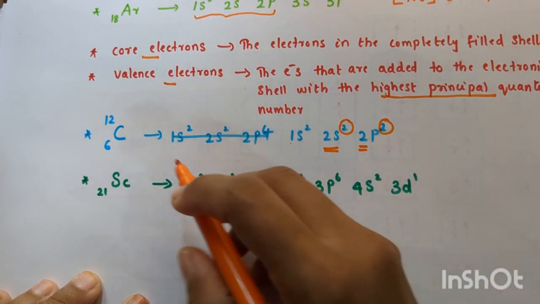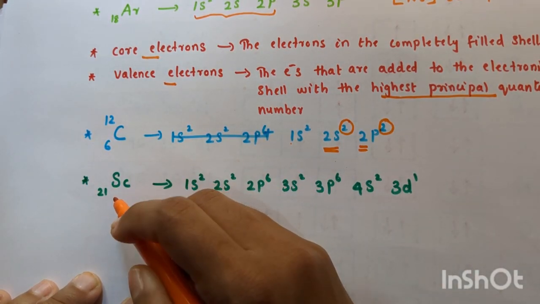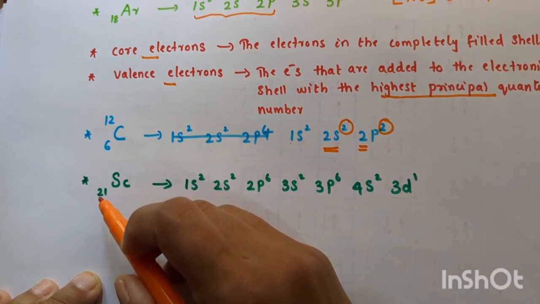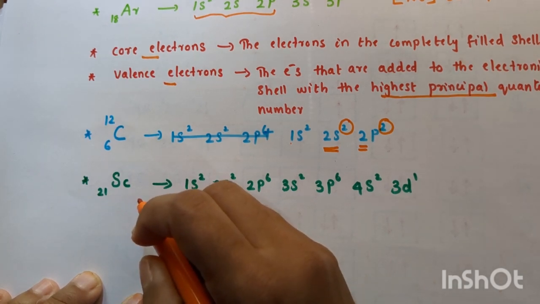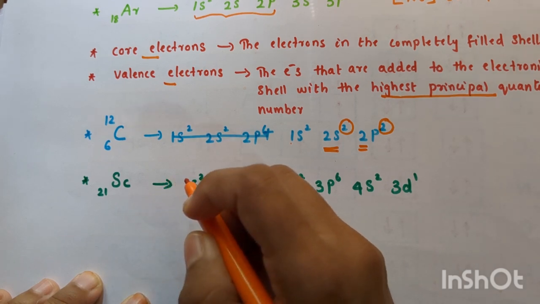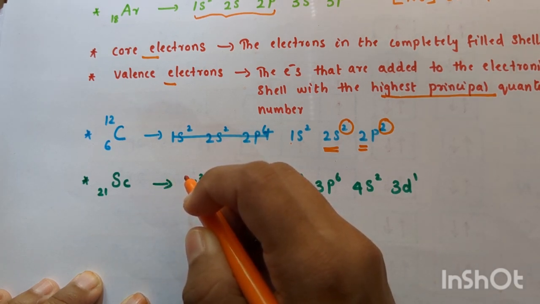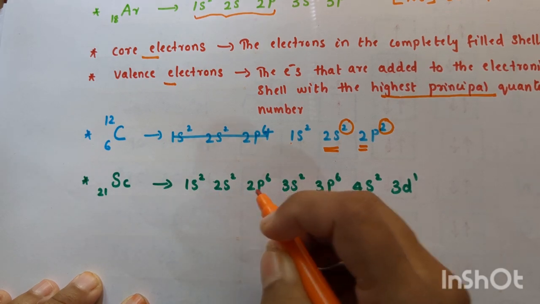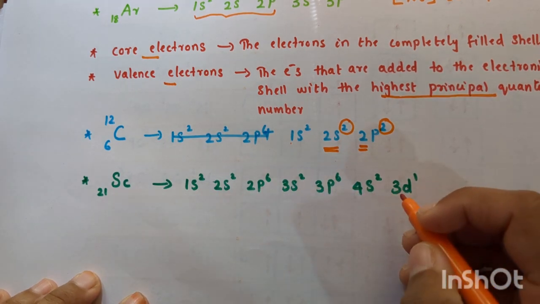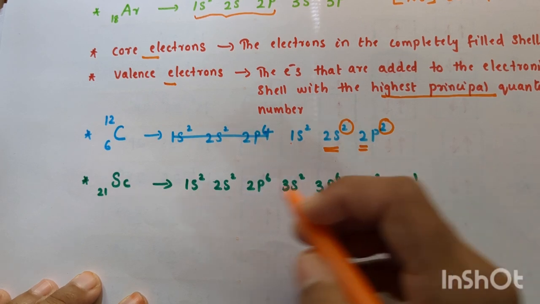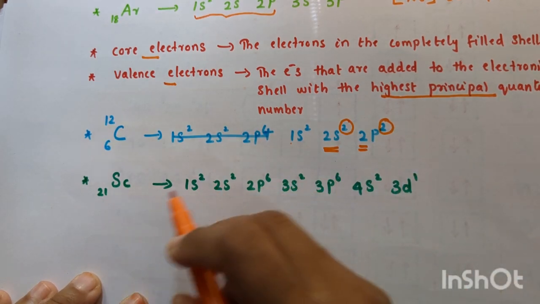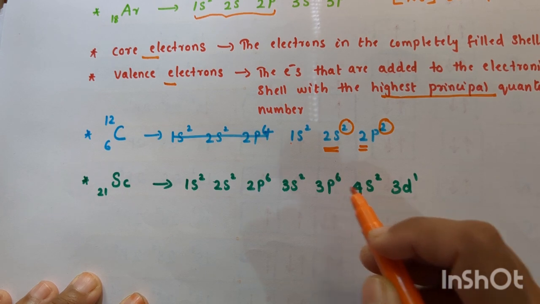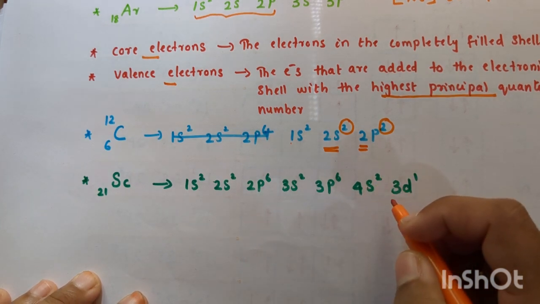Now let us consider the element scandium. Its atomic number is 21. So as per the Aufbau principle, the order of energies of orbitals is 1s, 2s, 2p, 3s, 3p, 4s, 3d, 4p, etc. So the electronic configuration of scandium will be 1s2, 2s2, 2p6, then 3s2, 3p6, then 4s2, 3d1.